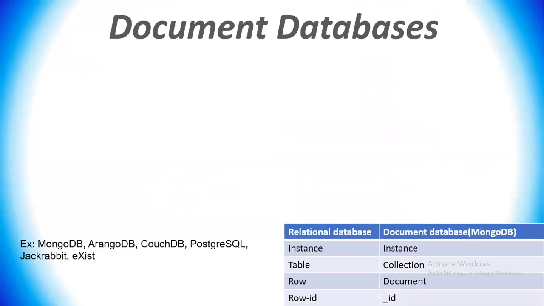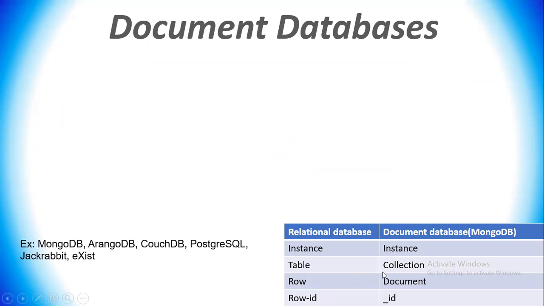So we come to the second type of aggregation model databases, in other terms known as hierarchical databases, that is document type databases. First we'll have an analogy with the model that we know. Instance is already known with the same name.